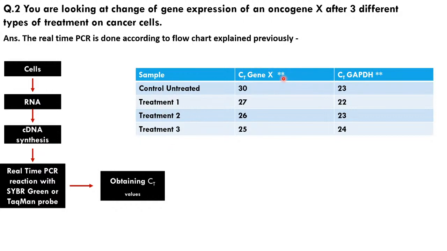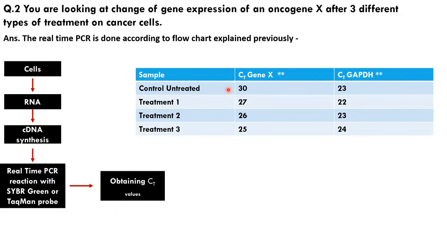For gene X we will do real-time PCR again with the same method, and we'll calculate CT values: 30, 27, 26, 25. If I look at this table, I will say in control it is expressing very less because CT is high. Then in treatment 1 it is expressing high because CT is decreasing, so expression is increasing according to only CT values. But that is not true.